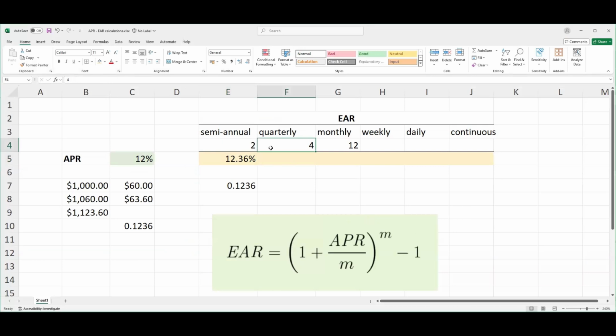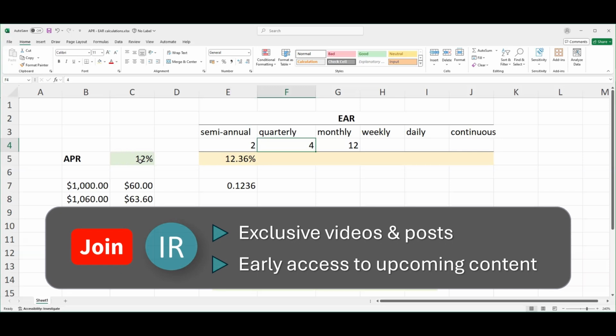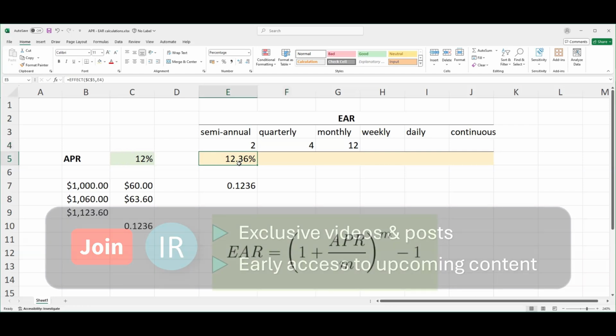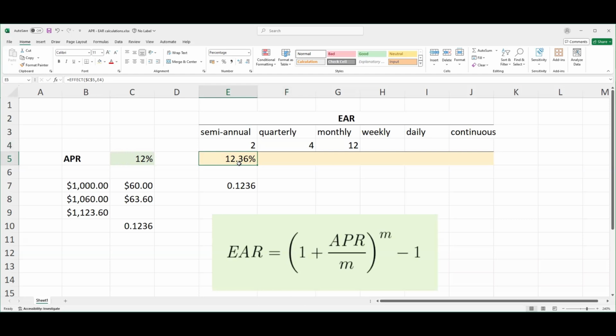How about quarterly compounding? With quarterly compounding, if I'm earning 12% per year, it is 3% each quarter. Because compounding frequency has increased, I'm earning interest on interest more frequently, so I would expect this to be higher than 12.36%.